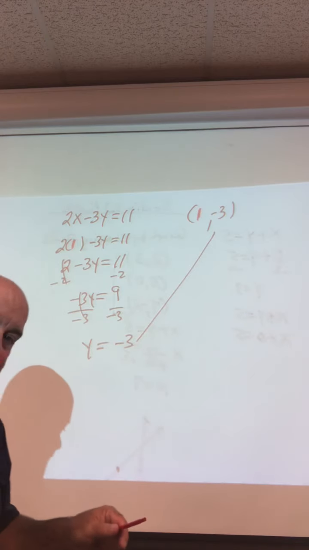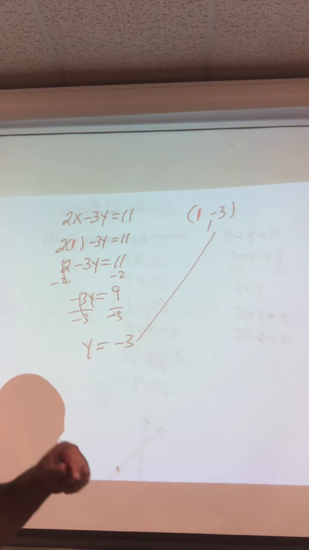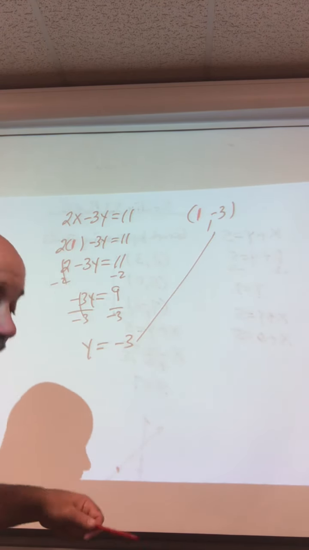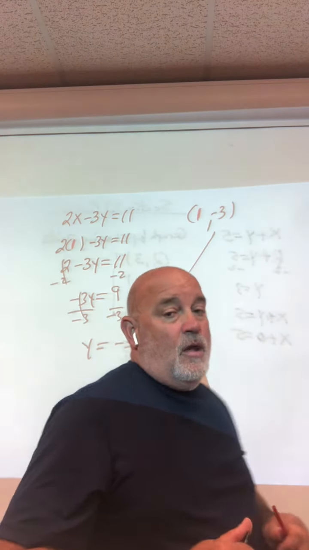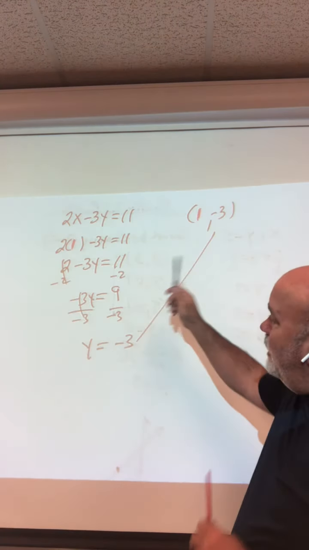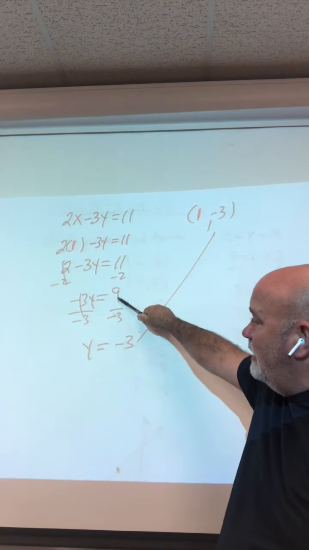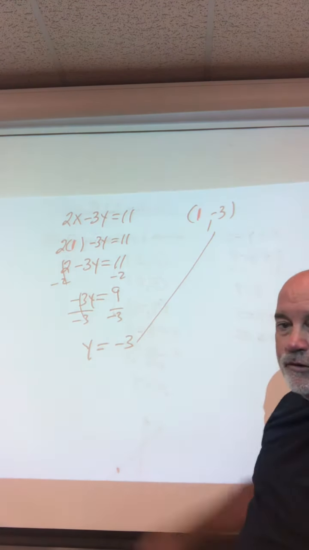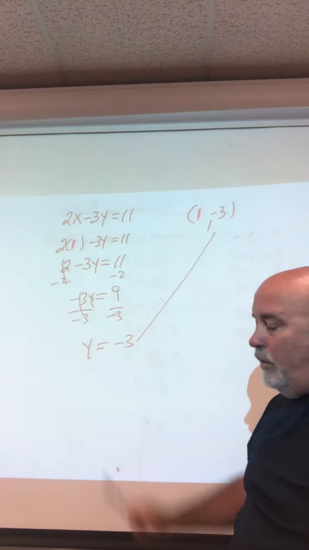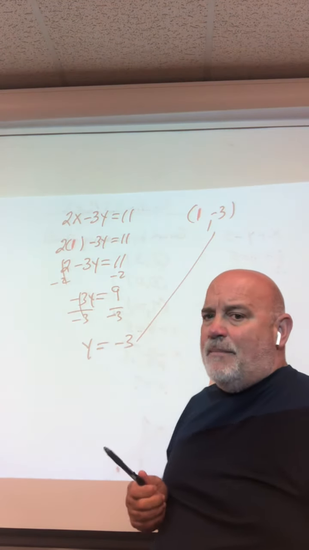Now let me get a little ahead of myself. Tell you why we don't do a lot of graphing by picking points. Because let's suppose this right here had been 8 instead of 9. This would have been 8 over 3. It wouldn't have been a whole number. You say, well, Mr. Rainer, would that have made it wrong?